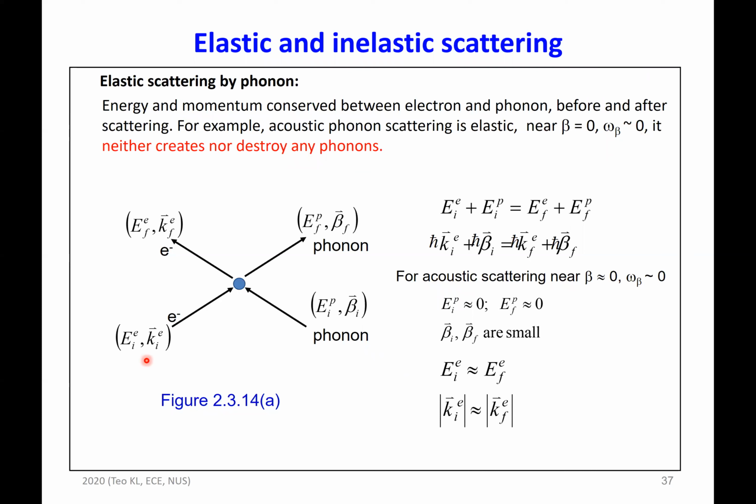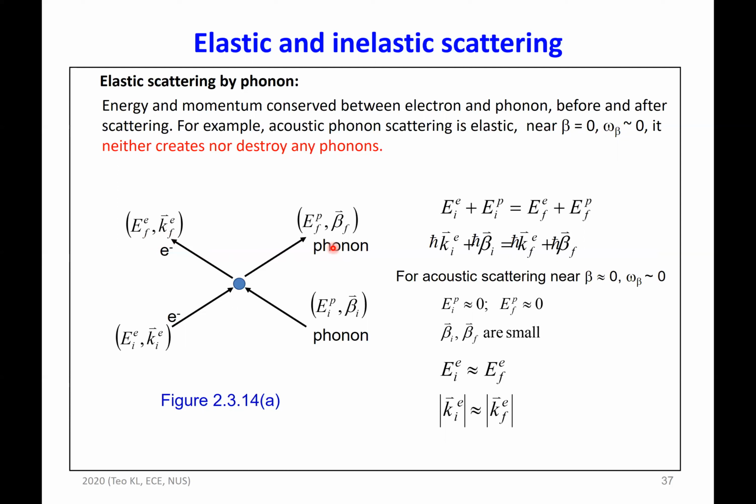So if you come in with an electron, it interacts with the phonon, so the electron will have initial energy and initial momentum, which is just k, and the phonon energy, E_p, p stands for phonon, and the initial phonon wave vector. And after they interact, let's say the electron is scattered, you have a final electron energy and final momentum of the electron.